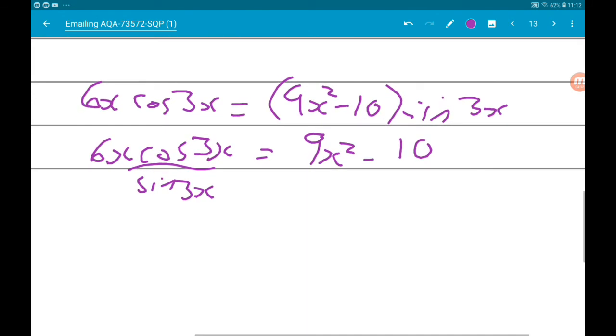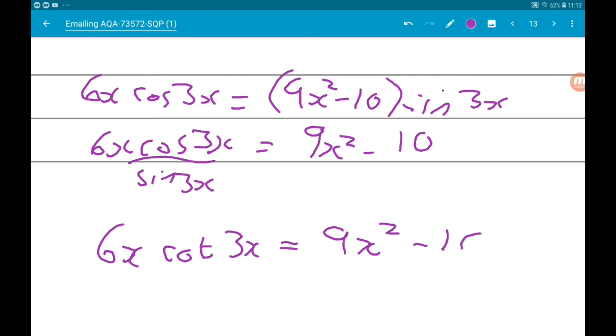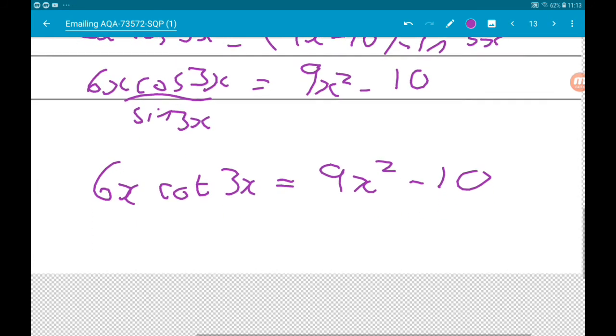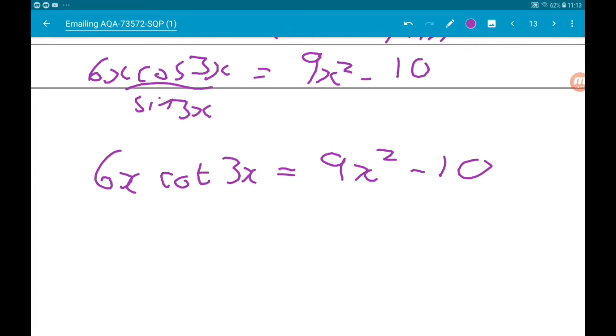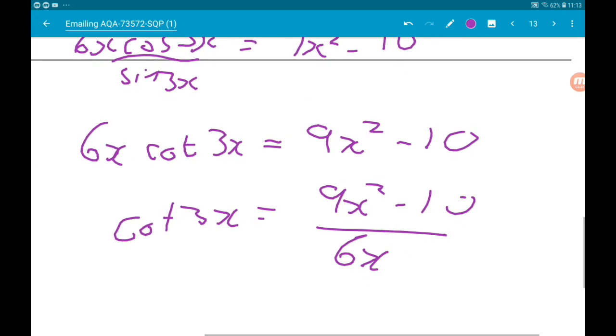Cos over sine is cot, so 6x cot 3x is equal to 9x squared minus 10, and then finally divide through by 6x, so cot of 3x is equal to 9x squared minus 10 over 6x. We've proven it. Let's put a cheeky little QED. Quite enough done.